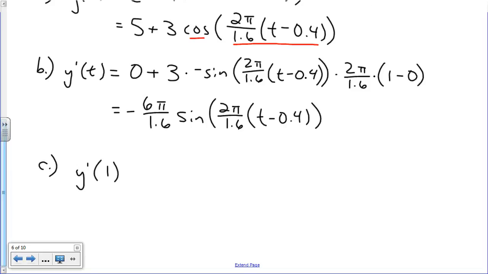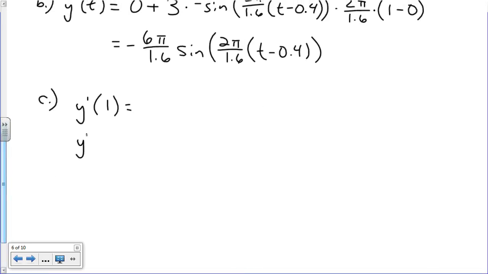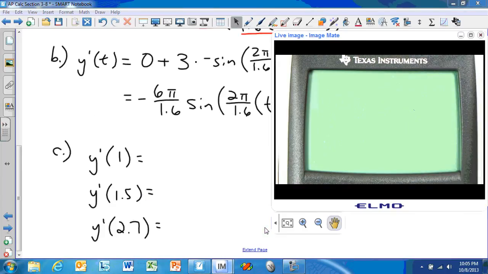So they wanted to find the derivative at 1. We'll use our calculator, by the way, to do this. So I'm just going to write down what we're going to calculate, and then we'll punch it in our calculator. And they wanted me to evaluate it at 1.5, and then finally the derivative at 2.7. So let's see what we end up with. Let's take our calculator and we'll plug into y1 that derivative function we came up with.